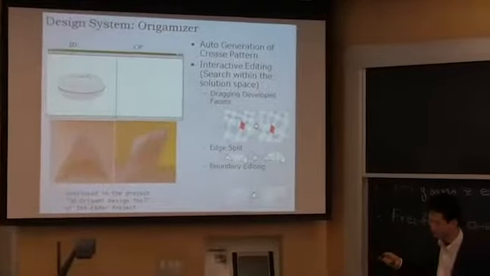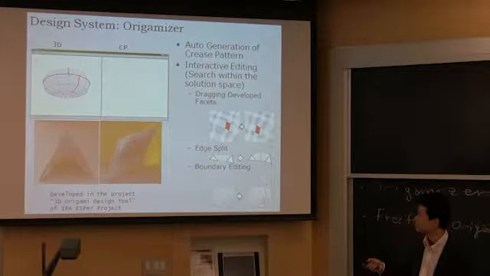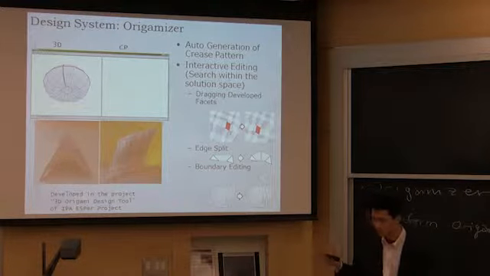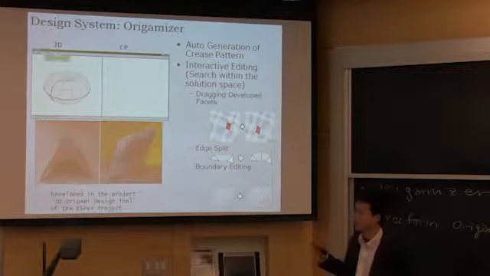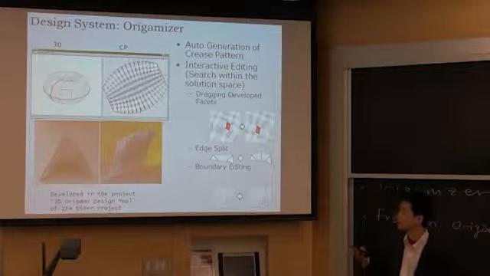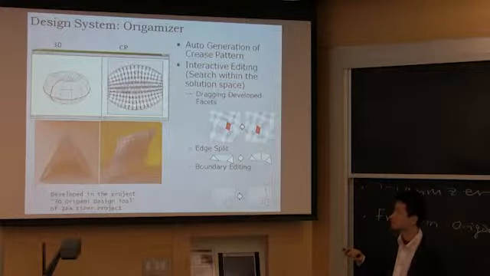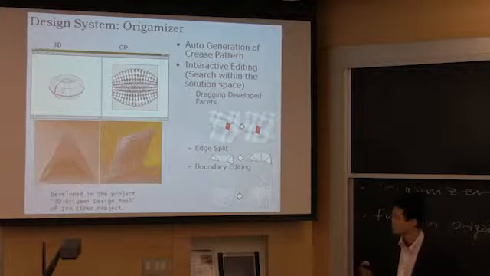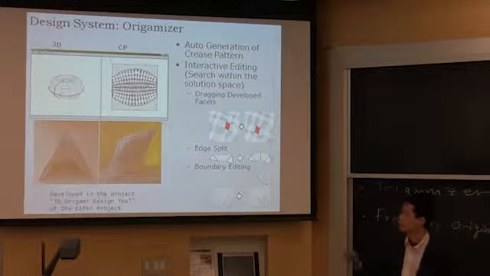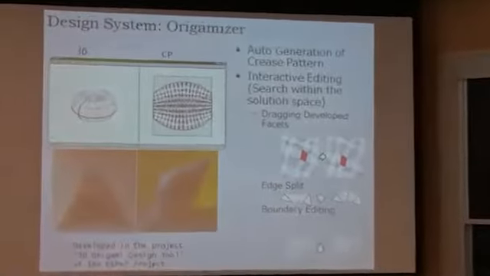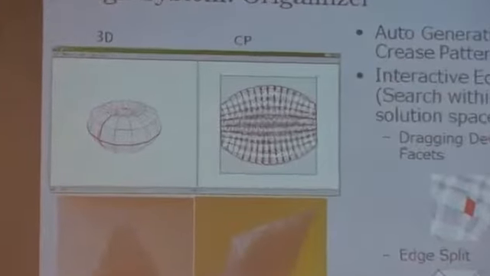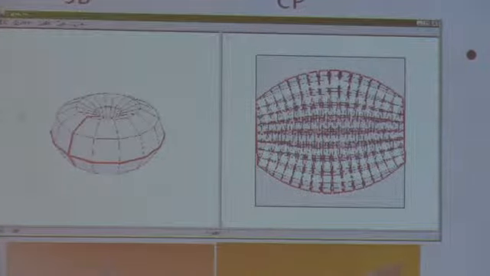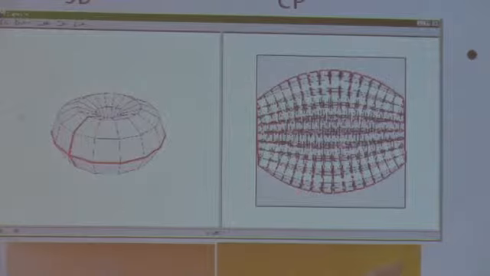This is, by the way, real time, because the equations are represented by linear equations. So you can pre-compute the linear matrix, and then you can calculate the configuration interactively. And you can also do some kind of boundary editing.